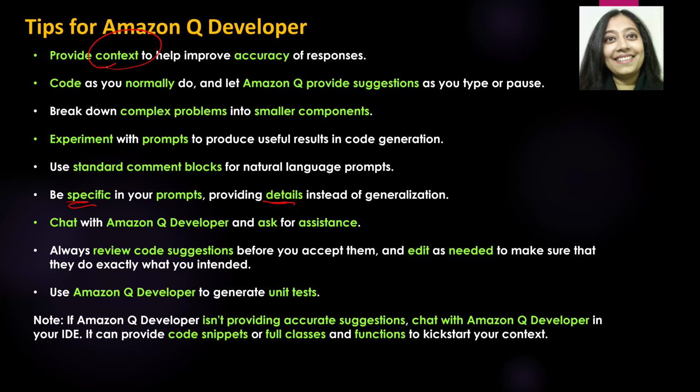And most importantly, chat with this particular tool. Ask for assistance. Be assertive. Be proactive. And it will do it. As long as it's not vague, it's not generic, and it understands what you want, it will do it. And remember, it may not understand the first time that you say, okay, I need you to do this. You have to chat with this tool and experiment with different prompts.